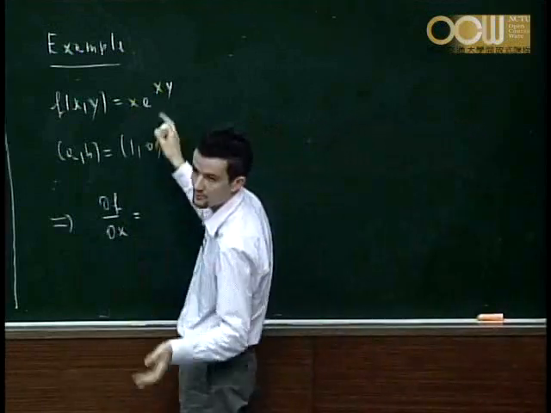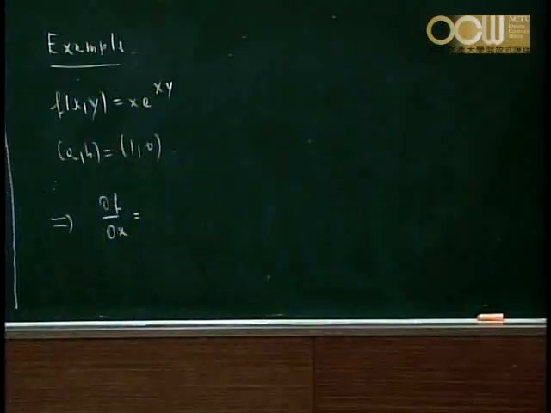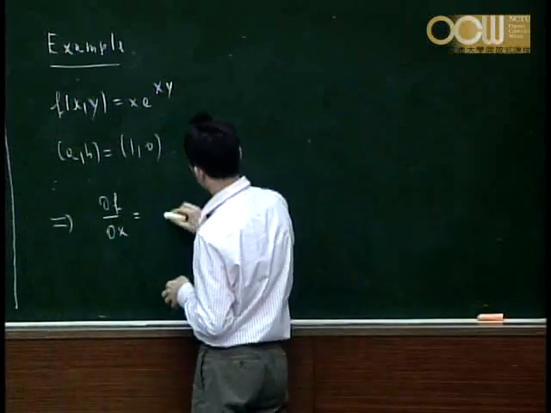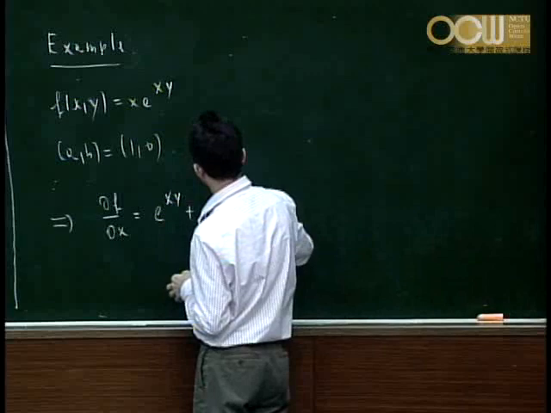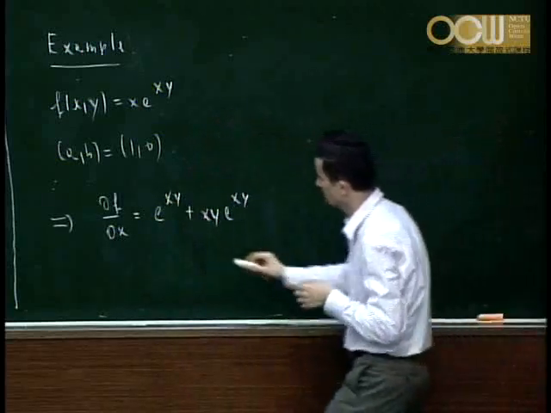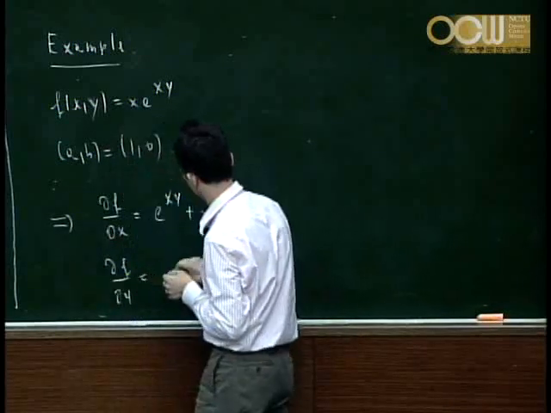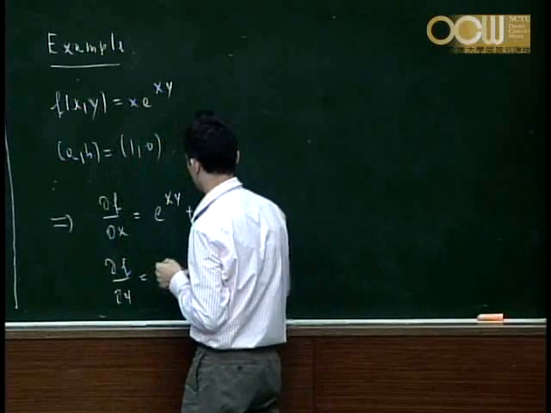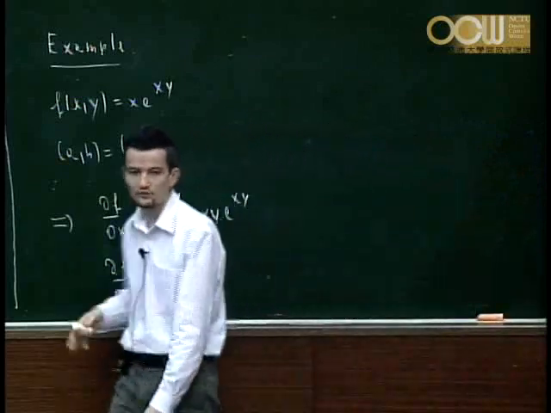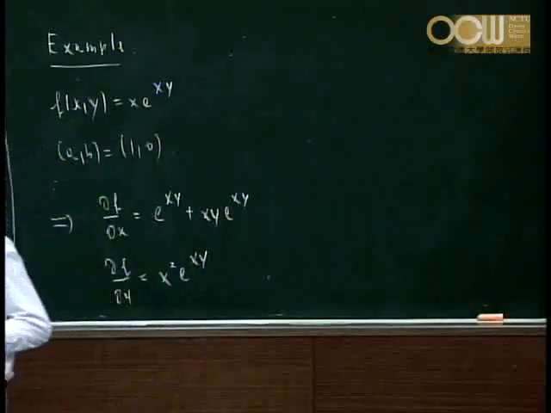The partial derivative with respect to x is e to the xy plus xy e to the xy, and the partial derivative of f with respect to y is equal to x squared e to the xy. And you see that both of them are continuous, also everywhere. So they are continuous as functions of two variables, not as functions of one variable.